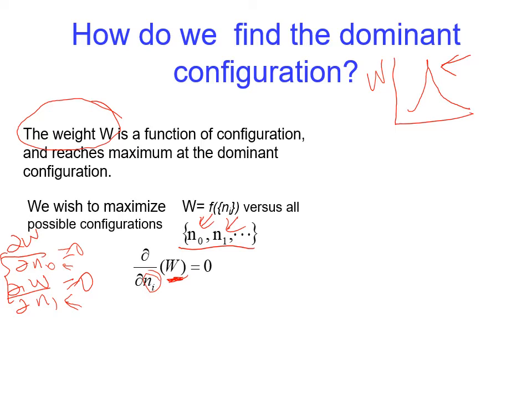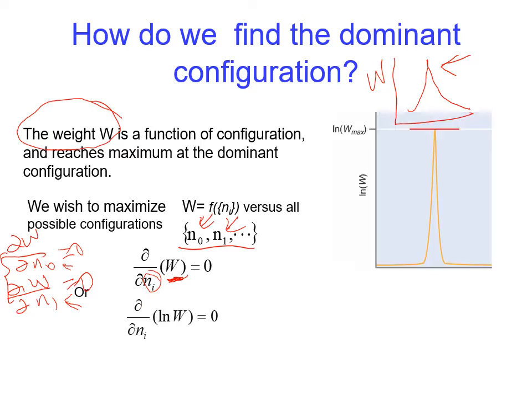Now, if W is at the maximum, then natural log W should also be the maximum. So instead of finding the maximum of W, we can also find the maximum of natural log W. It turns out that this is more convenient.